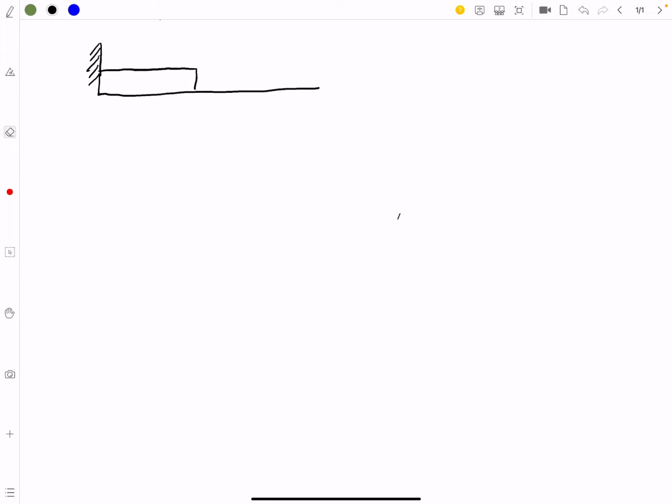Oh, I didn't do that right. We want a mass, a block mass that's going to slide back and forth from minus x max to this point here, which is plus x max. And then right in the middle is going to be 0.